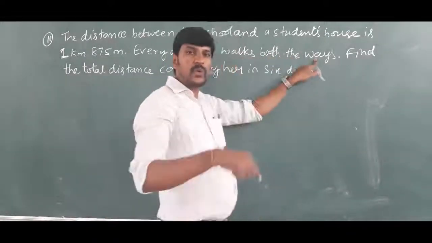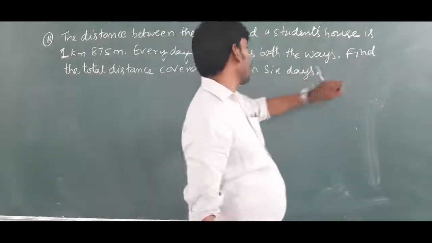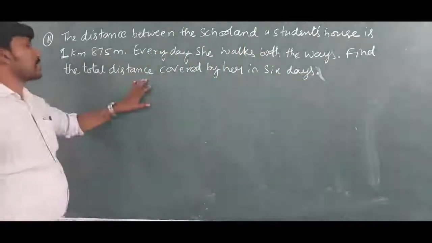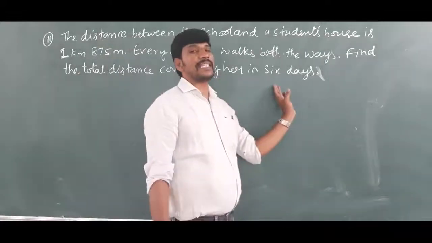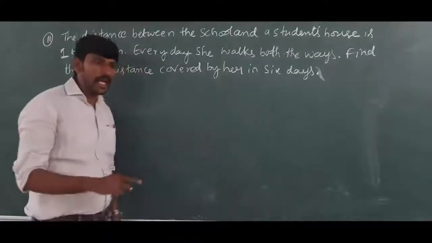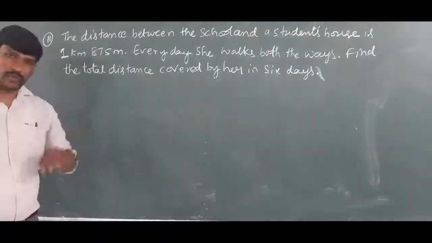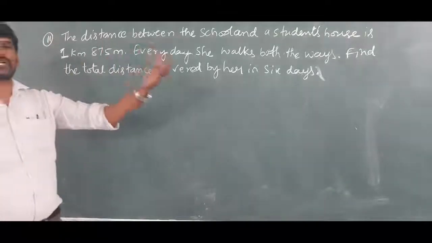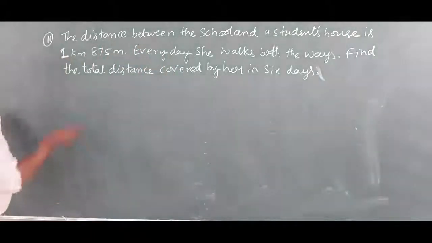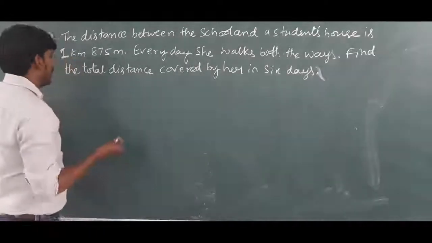She will come to school and she will go back to her house. Now find the total distance covered by her in 6 days. First of all we need to find out how much distance she will cover in one day. One time she will come to school and in the evening she will go back home.